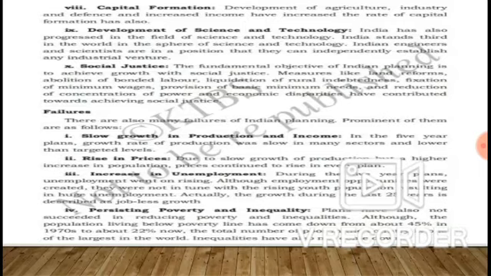In our India many engineers are available, and scientists are also available. They are all very fine and brilliant in science and technology. That is also one kind of achievement.